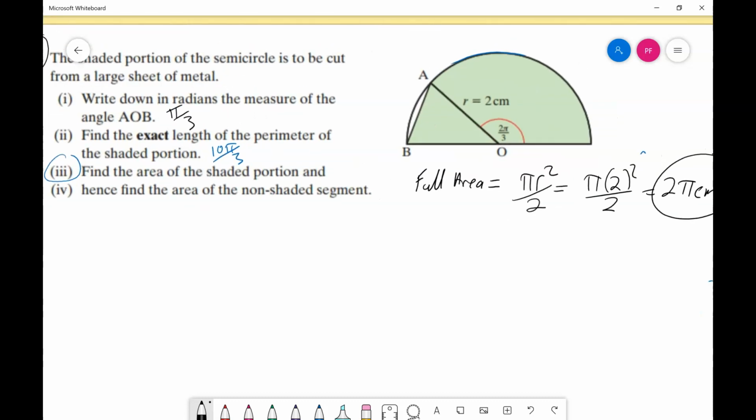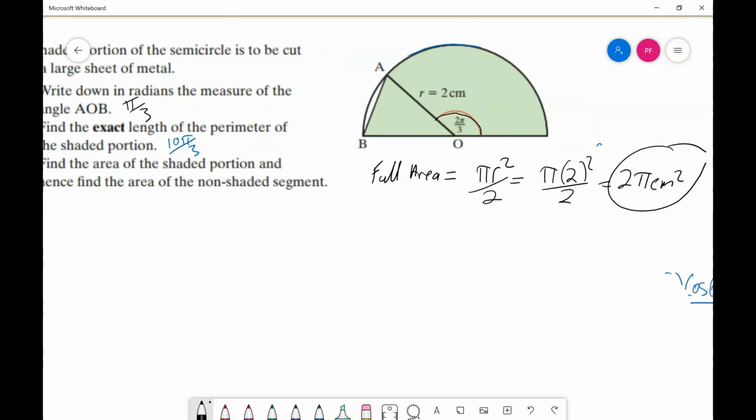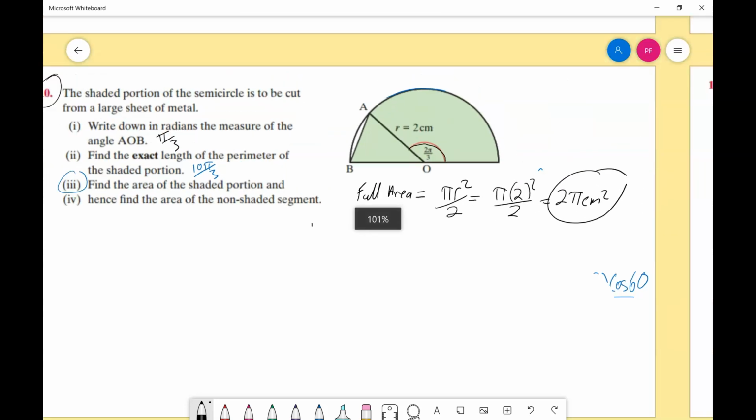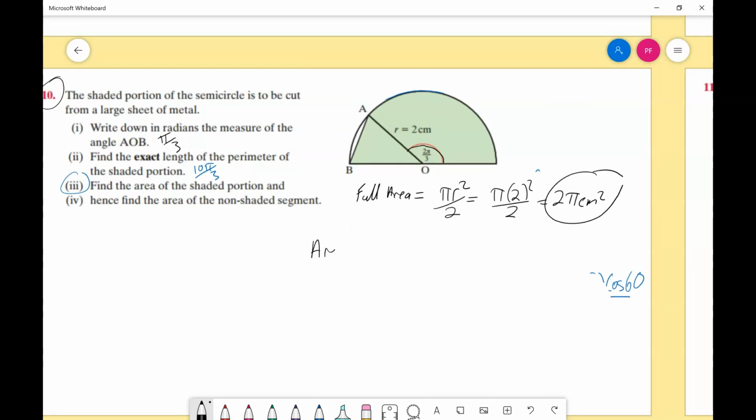Now if I find the individual areas, let's say I want to find the area of this part here, that's a sector. My formula for the area of a sector, in radians, is half r squared theta.